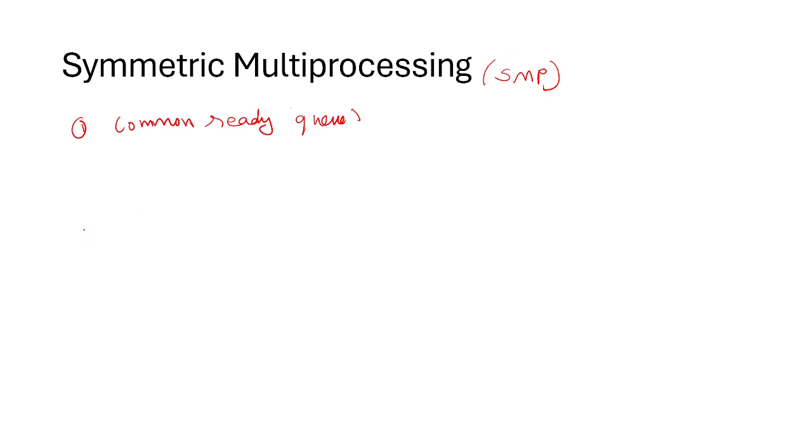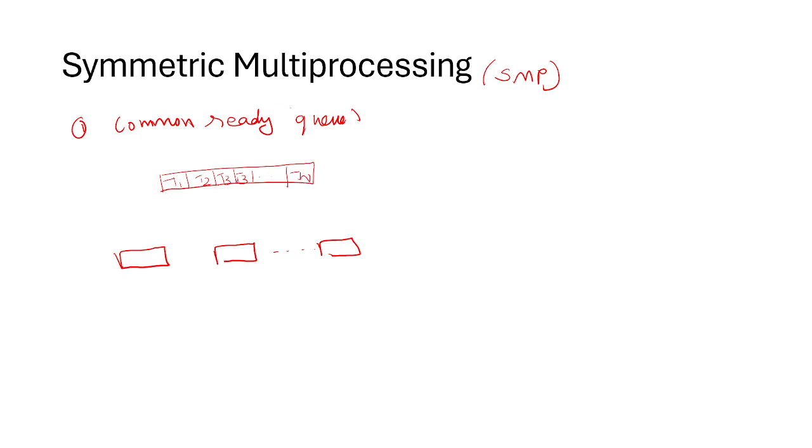Consider that we have a number of processors, for example core 1 and core 2, up to core n. We have a common ready queue here, having a number of tasks, for example T1 to Tn.